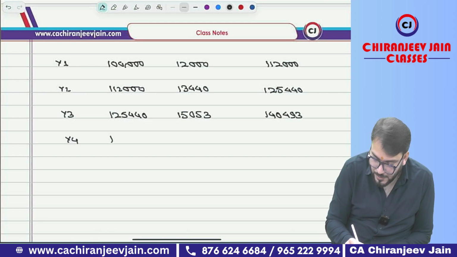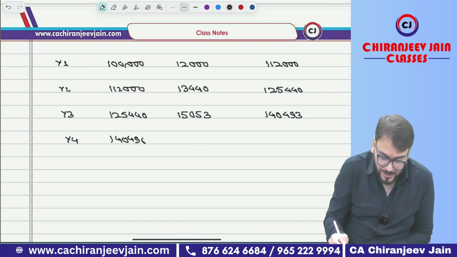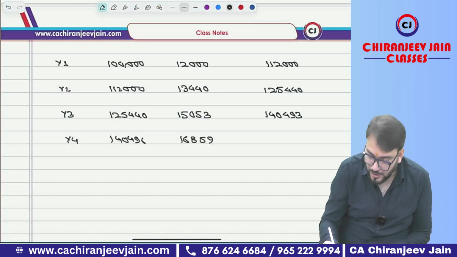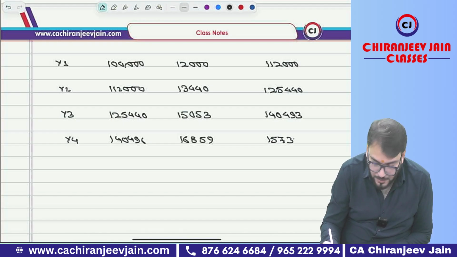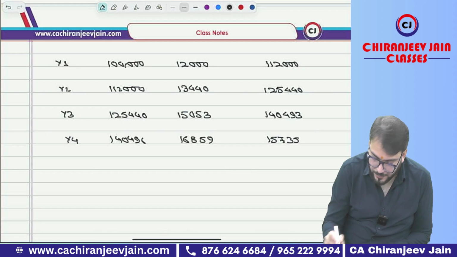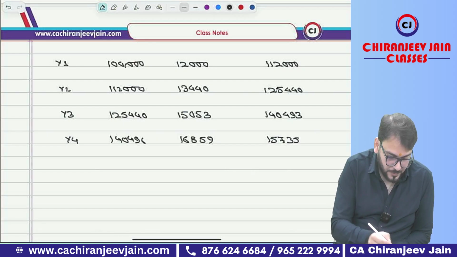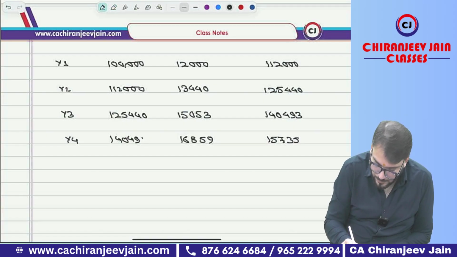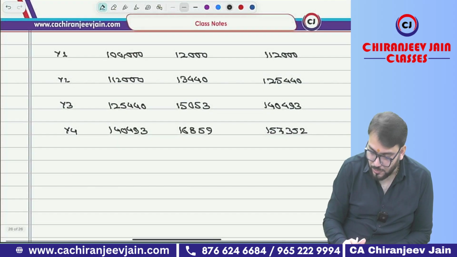Then year 4, 140,493 into 12% is 16,859. It is 1,57,352.